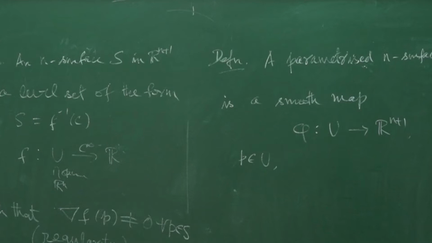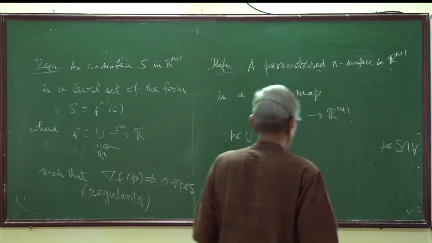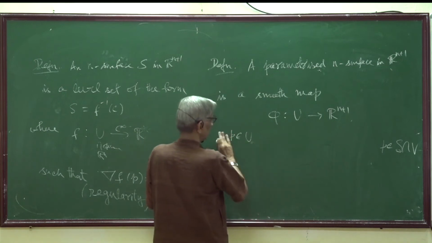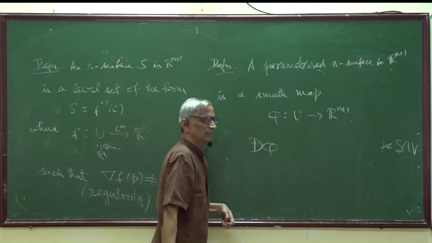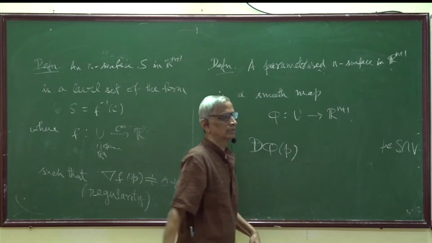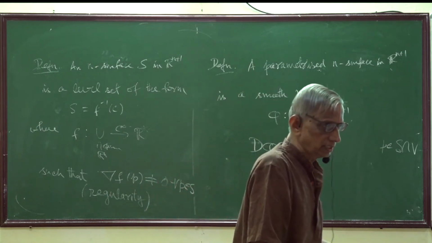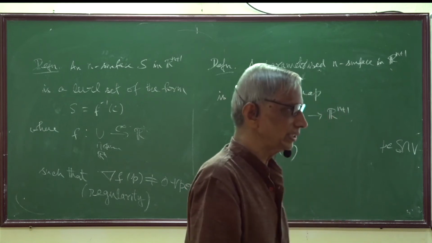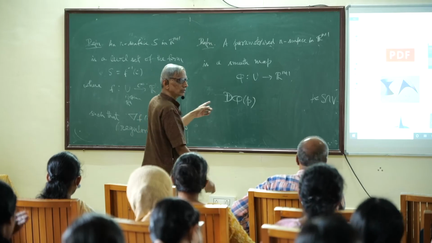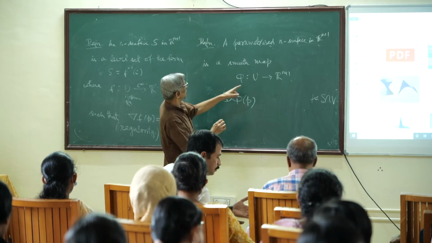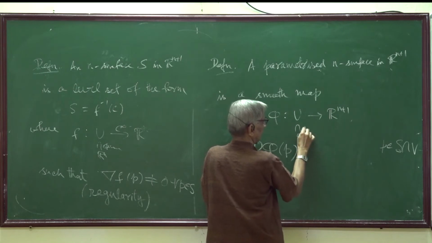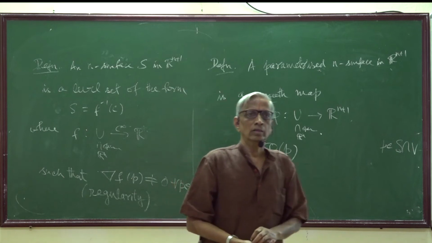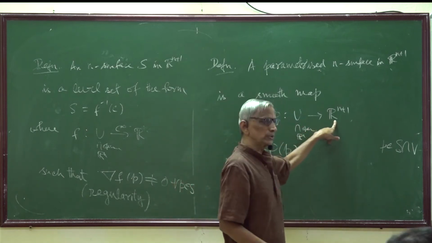So what is not any smooth map? Again, you need some condition. You look at the derivative of the function, or if you like the Jacobian matrix of the function at the point P. So this is a linear map. This is in Rn, it goes into Rn plus 1.